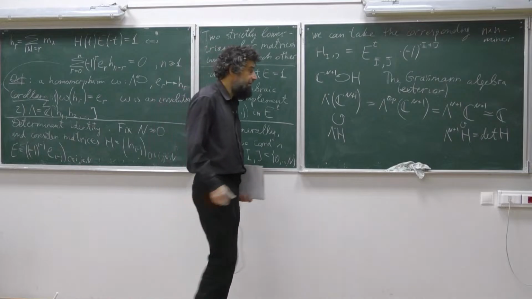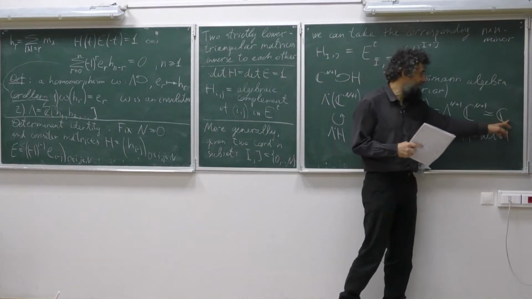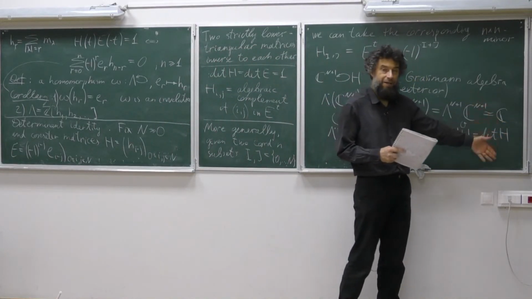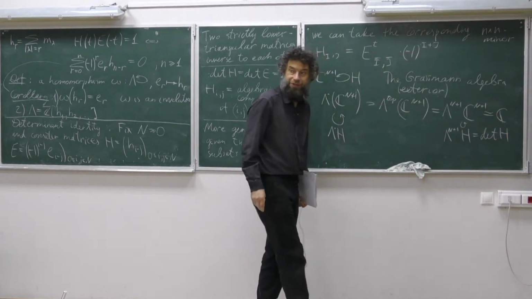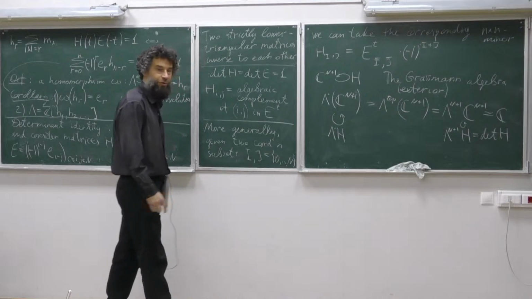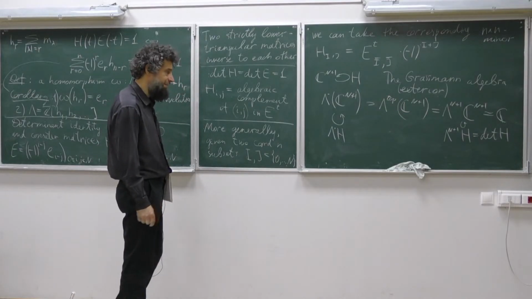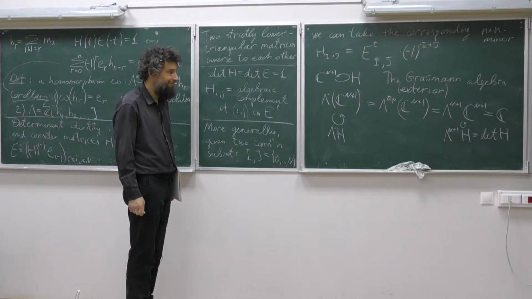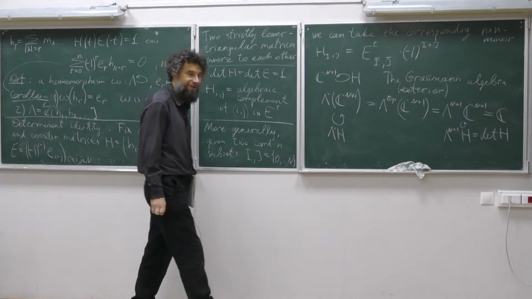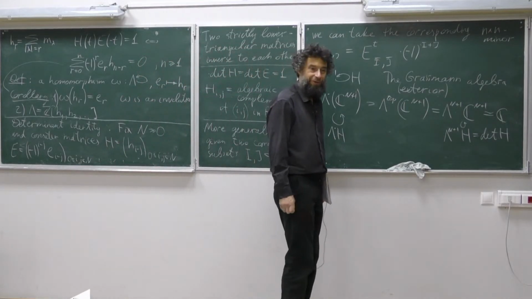Yes, any linear operator in a one-dimensional space is multiplication by a scalar, and this scalar is the determinant of H. And for this reason, the determinant of H1 H2 is the determinant of H1 times the determinant of H2. Well, because it's smaller than the determinant. It's a small determinant.